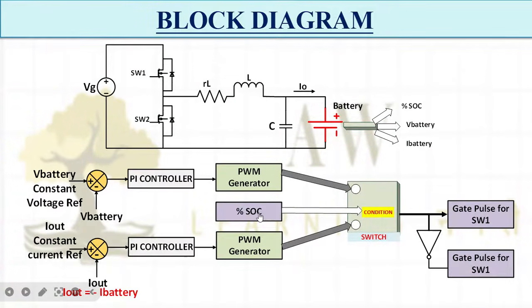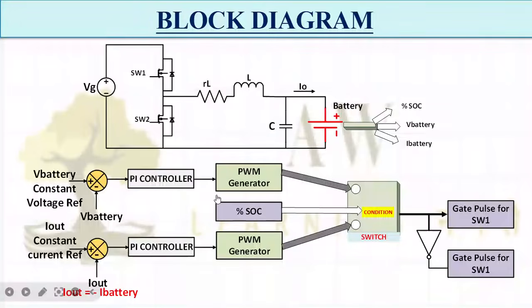We can use battery voltage here as well: once the battery voltage reaches the condition value, the switch will change from constant current mode to constant voltage mode. That may happen, but I am using percent SOC because this is not a hardware simulation.